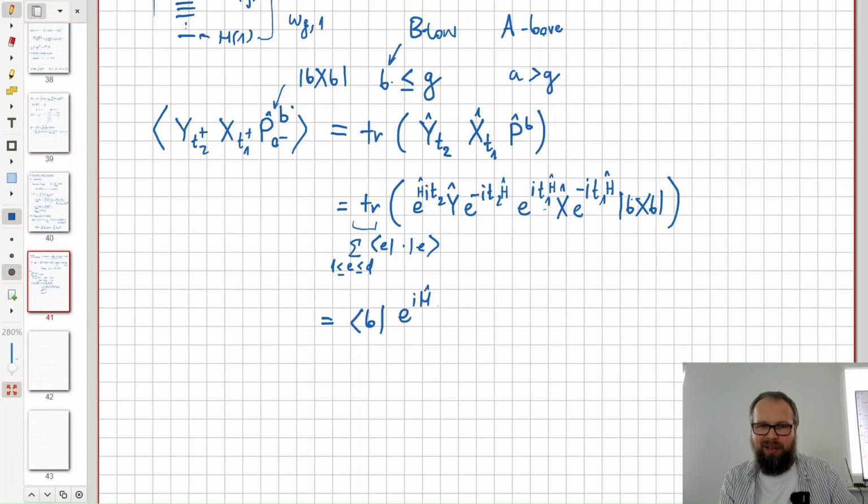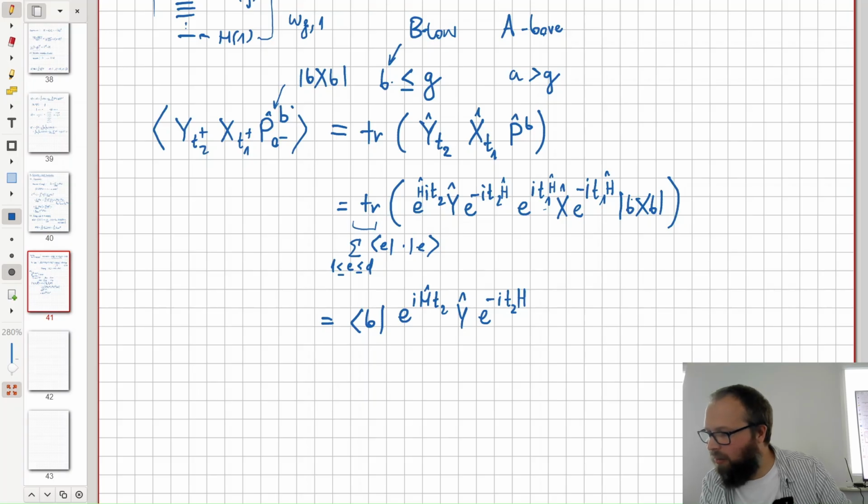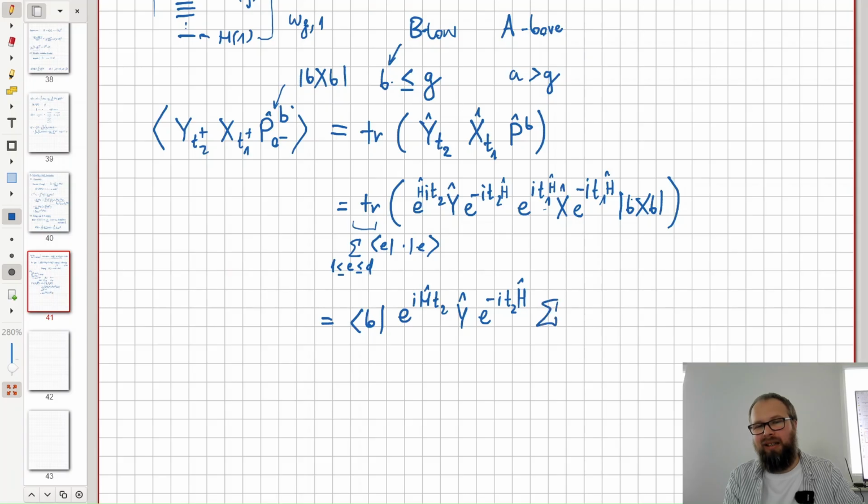Let me do it step by step: e^{-iHt2}. Do I want to merge them? No, I don't. One more thing I will do: I put here the identity, which I decompose into projectors onto my basis.